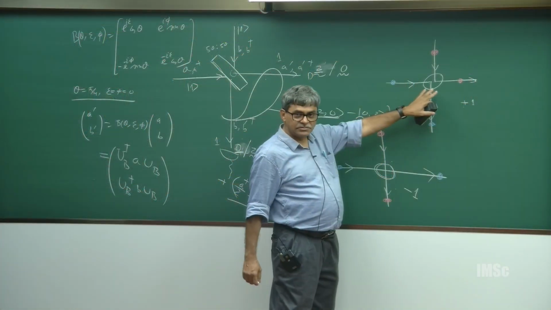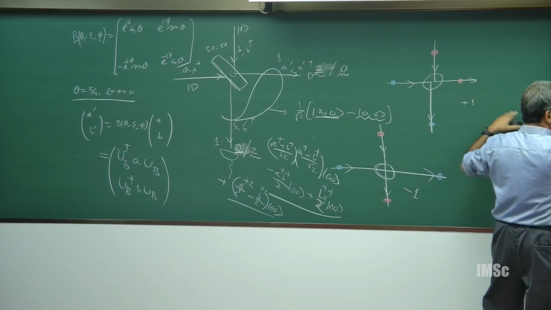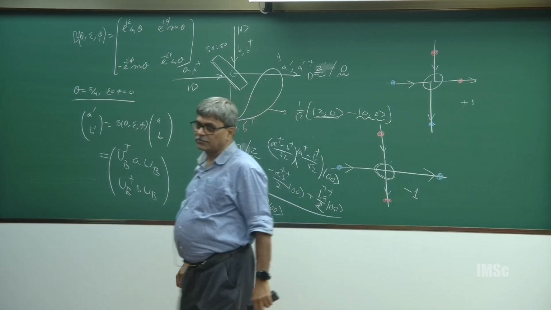You cannot. On the outcome level, they are different. Yes, I see. So these two you cannot distinguish. But this you can distinguish, just looking at the detector, I know that these are different.